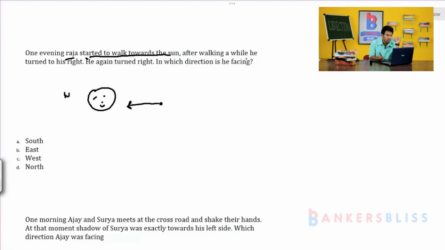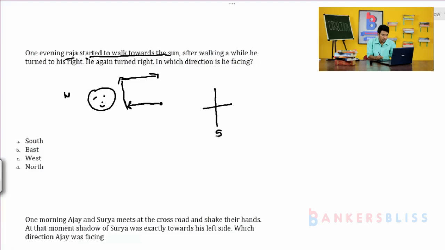That west direction Mr. Raja is moving. After walking a while, he turned to his right. Right means which direction? He is going this way. Okay, he is moving in this direction. After a while he takes his right and again stops here and again he takes the right turn. Now which direction is he facing? Look here.